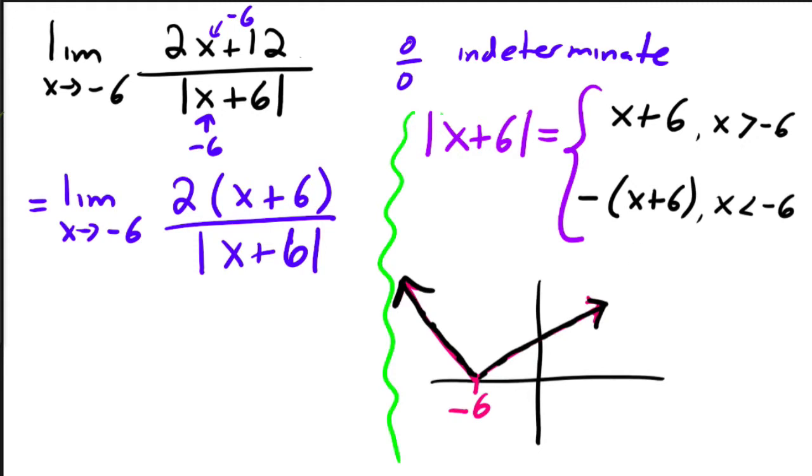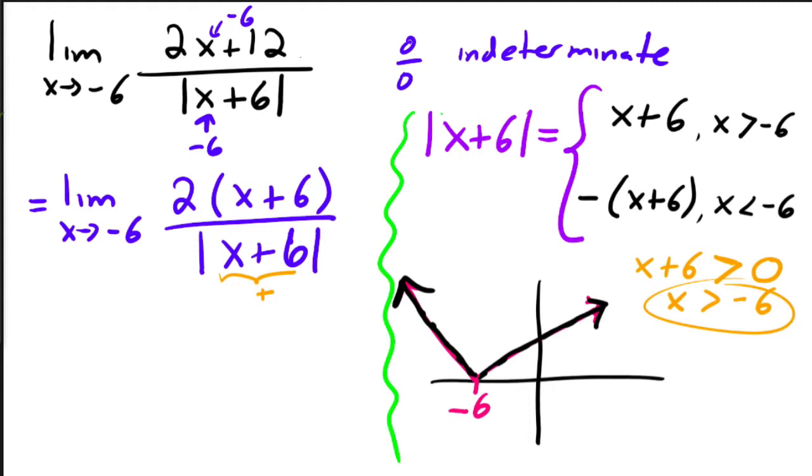If you don't know how to graph the function, what you do is this one, x plus 6, you use it for all values when this guy is going to be greater than 0. So essentially, when this guy is positive, you don't have to do anything to it for it to be the absolute value of it. It's always going to be positive. So you solve this and you would get x is greater than -6. And then the other one would just be the complete opposite of that one. So in other words, x is less than -6.